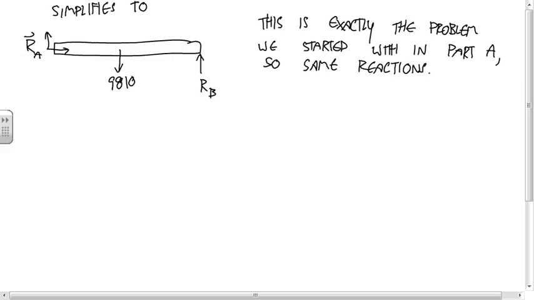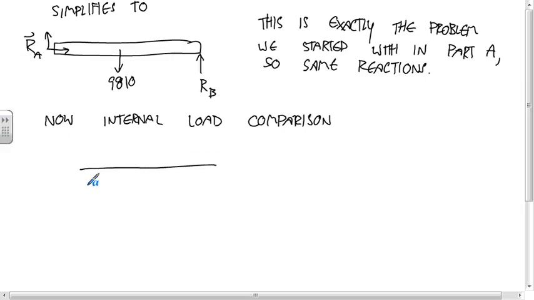Okay. So now I'm going to do the same thing, but I'm going to do internal loads, and we're going to see that it doesn't come out the same. So we're going to do the same body.